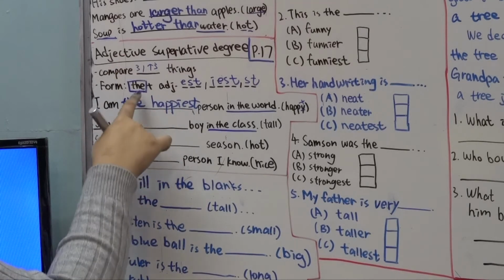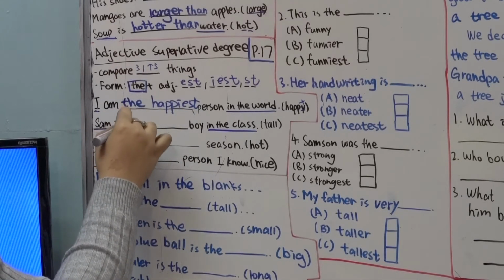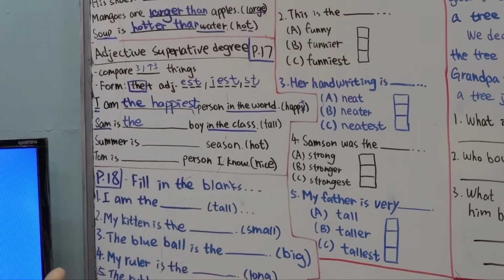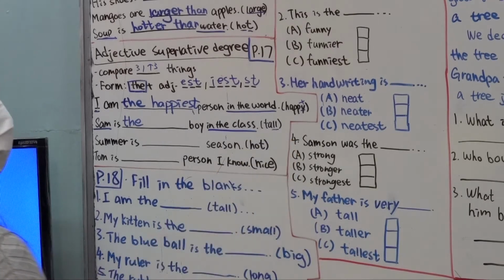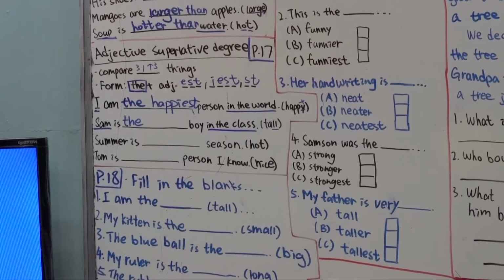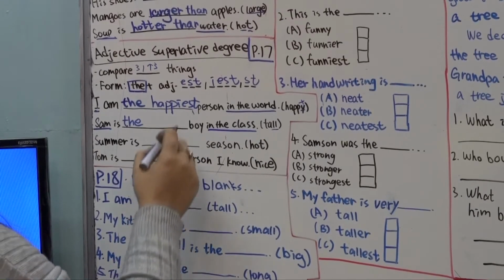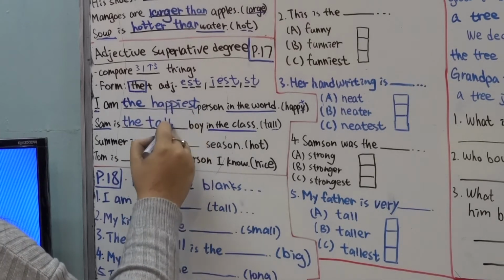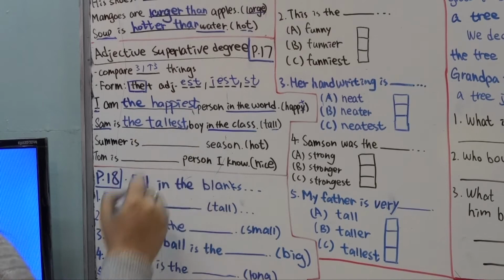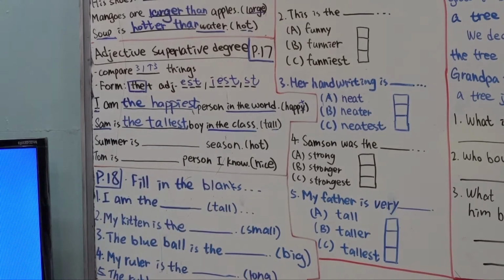Sam is the... Okay, it ends with... Anything special here? Nothing, right? LL. Both are consonant, not a vowel. So, we just add the basic form, EST. The tallest boy in the class.